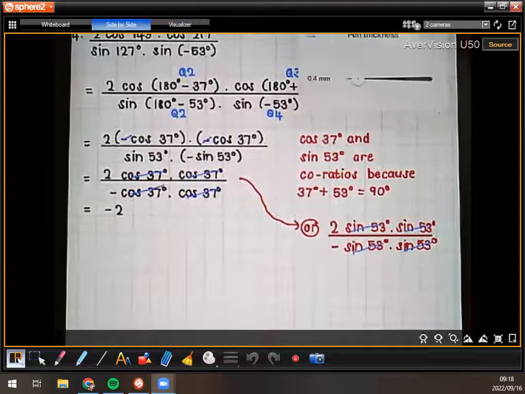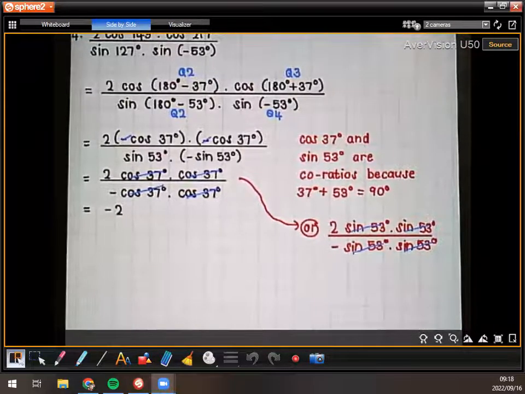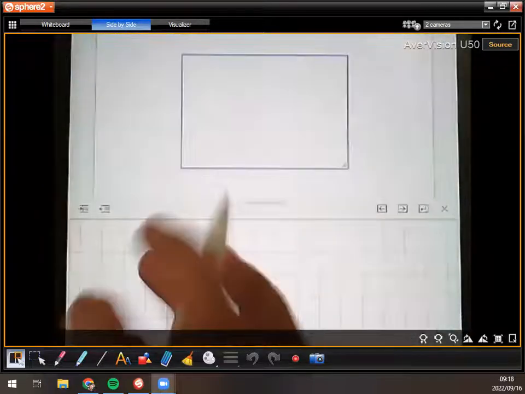Okay, those of you that are ready, please write the next heading: numerical reductions with algebraic ratios. That's what we're doing today.